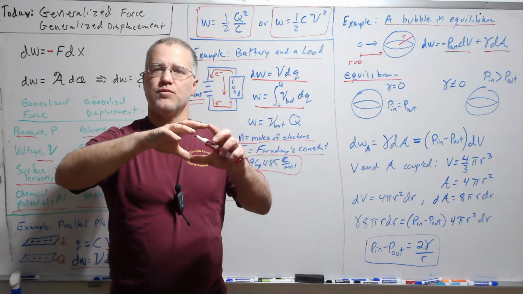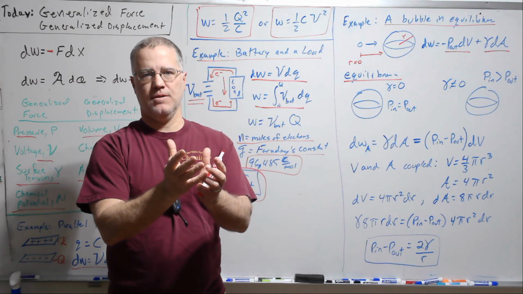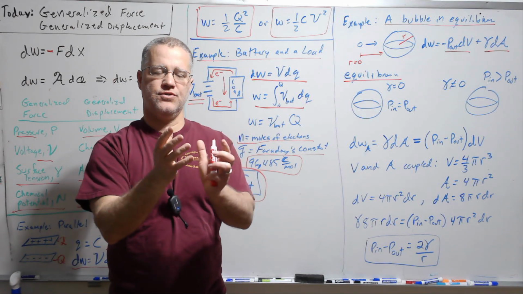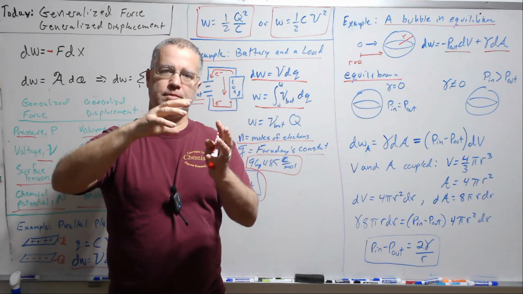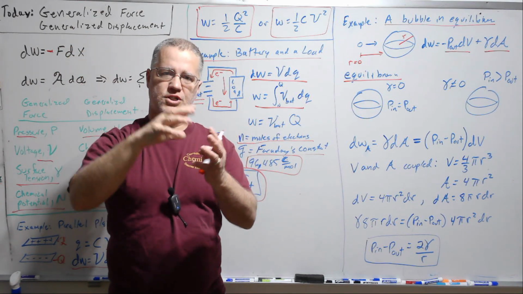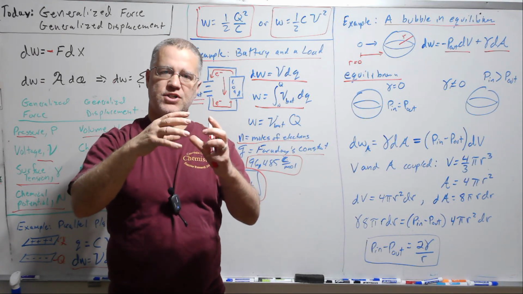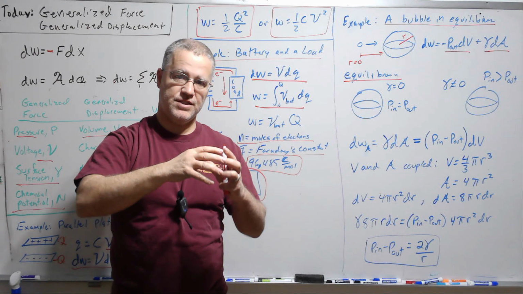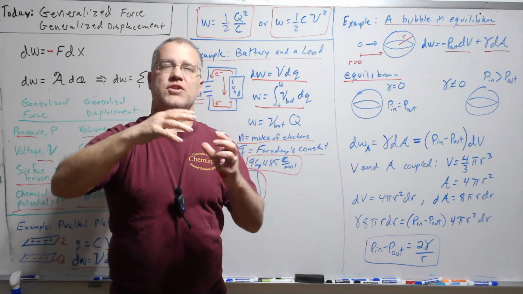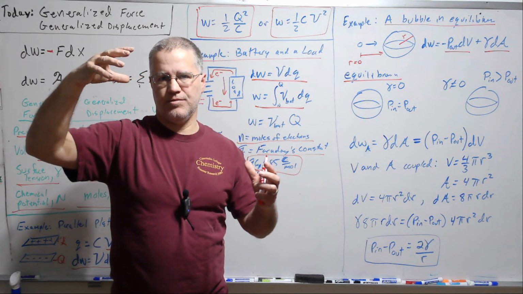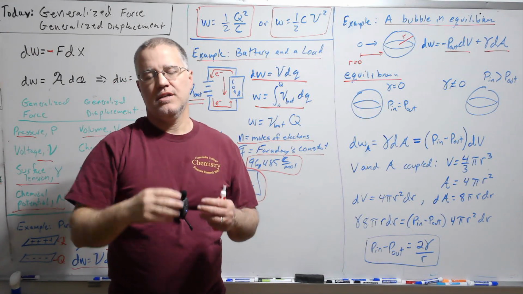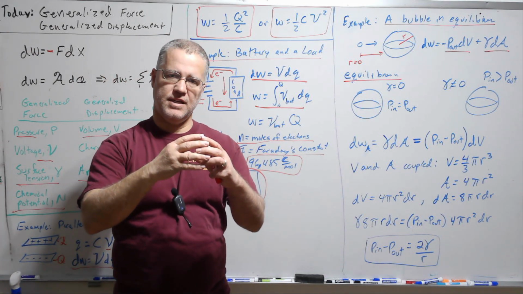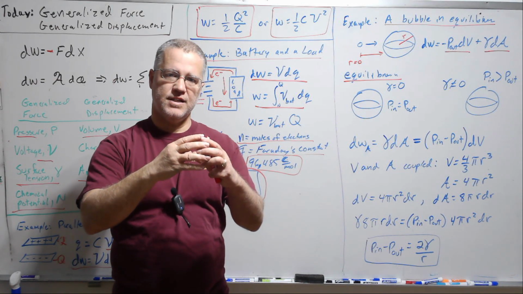If we imagine this sort of artificial case where there's no surface tension, and our bubble is not growing or shrinking, then the pressure inside is equal to the pressure outside. If the pressure inside was greater than outside, the bubble would be growing, and vice versa. So we would have equal pressures. But the surface tension is a restorative force.